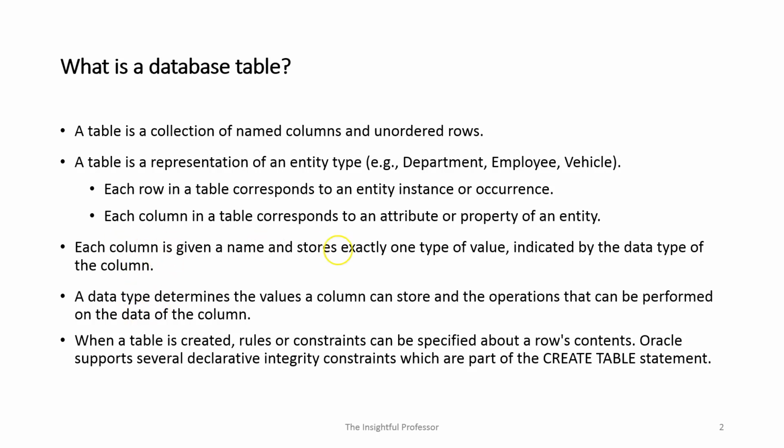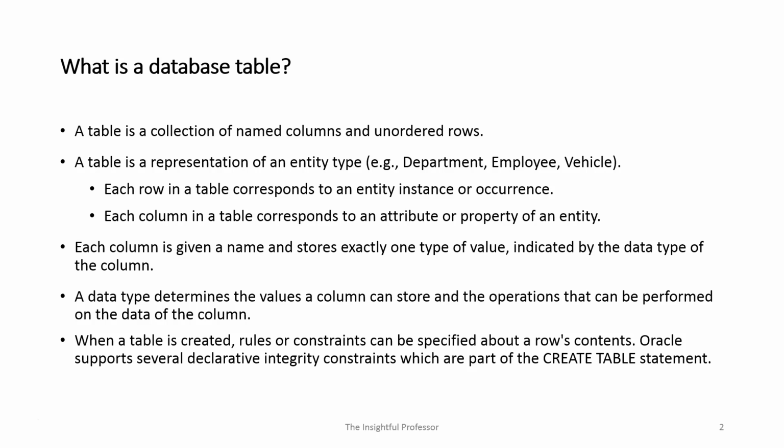So each column is given a name and is said to hold or store data of one particular type or some data type. And that's going to be specified when we create the table, what kind of data will be contained within the column. So the data type determines not only what values are permitted in that particular column, but also what operations can be performed.